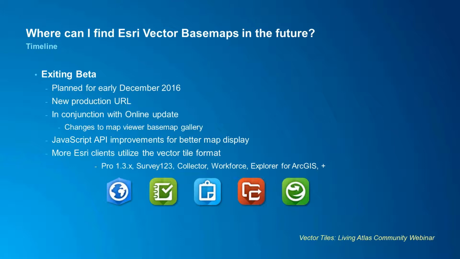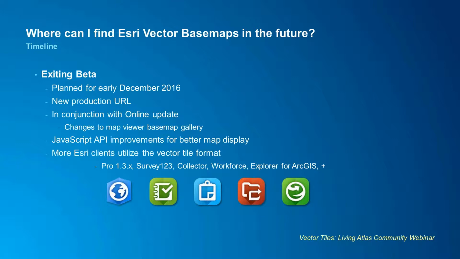So where can you find the Esri vector basemaps in the future? When we exit beta in December of this year with the new production URL, it'll be in conjunction with the ArcGIS Online update where you'll be able to find the vector basemaps in the online basemap gallery.